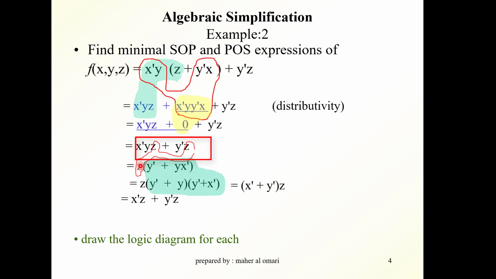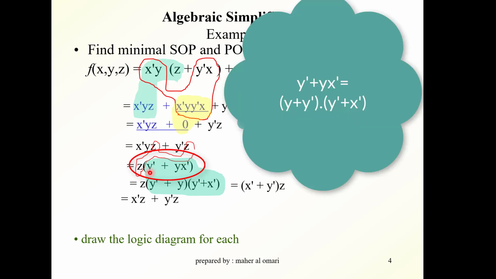So we are left with Y bar ORed with X bar Y. If we use the distribution law here, then we have Y ORed with Y bar, ANDed with this, and Y bar ORed with X bar, which is equal to 1.